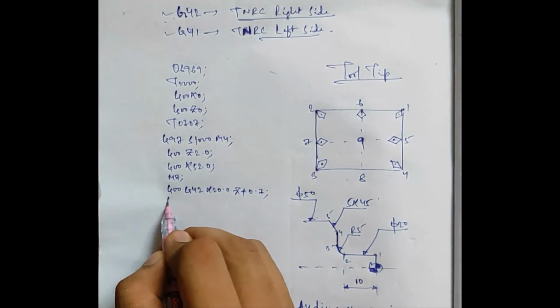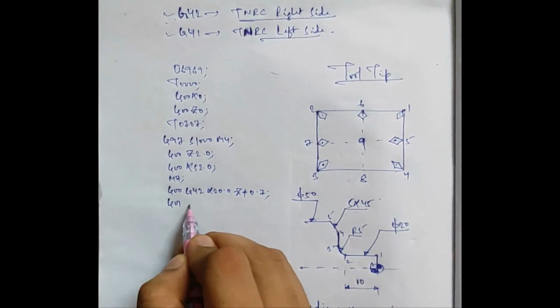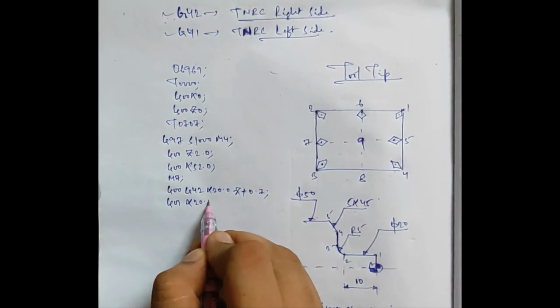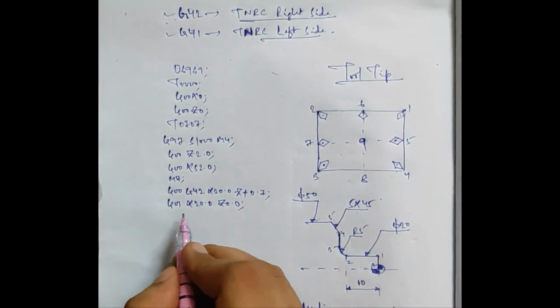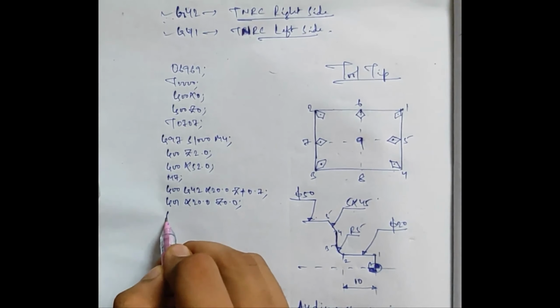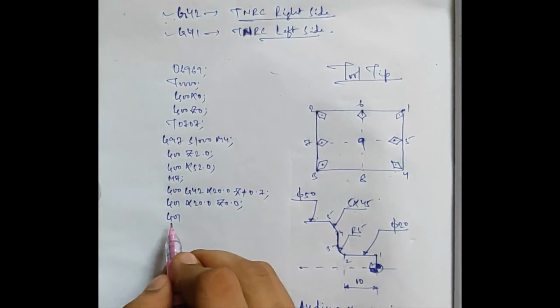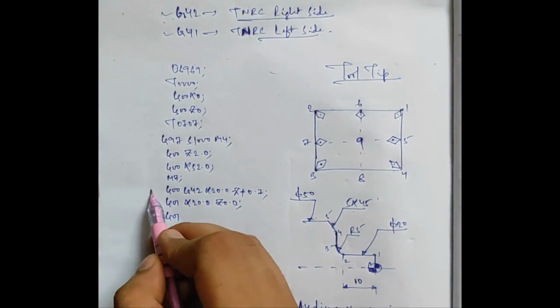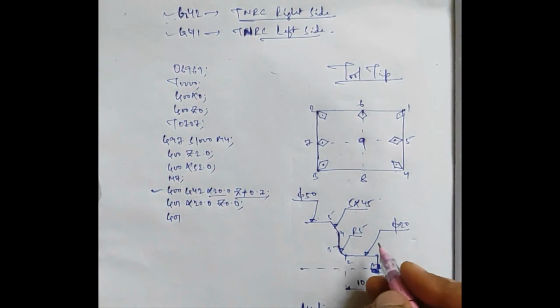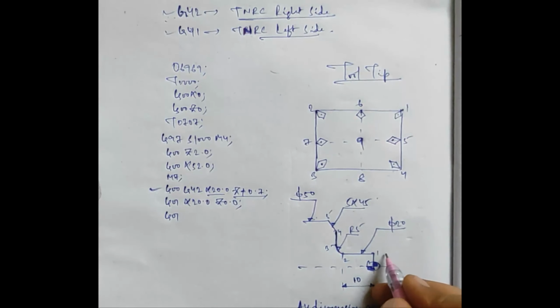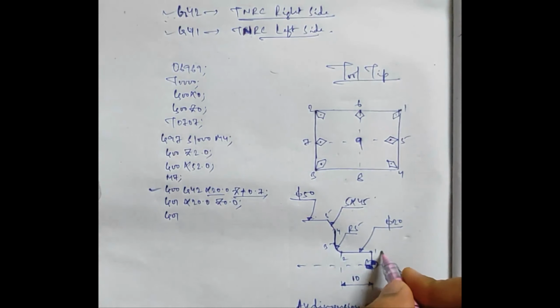And then G01 X20.0 Z0.0. Why do I write this line where X is 20.0 and Z is 0.7, which is a bit earlier, like from this point?